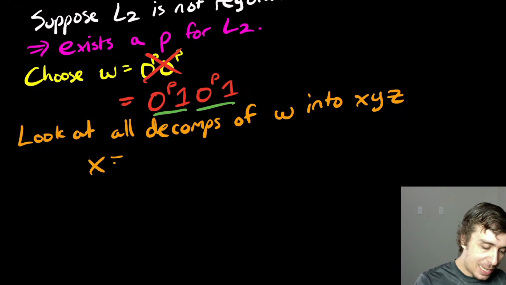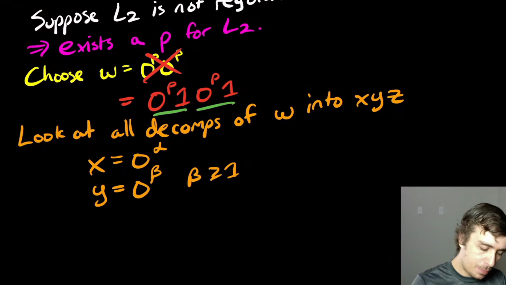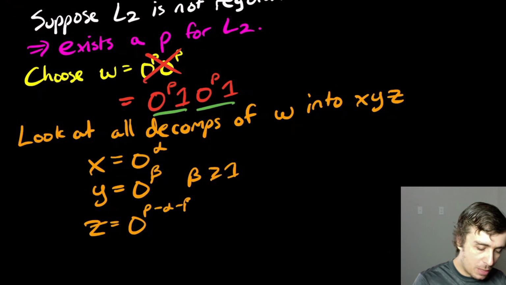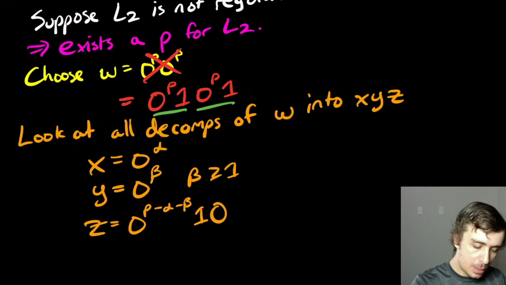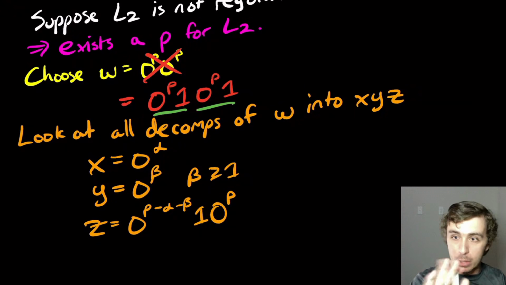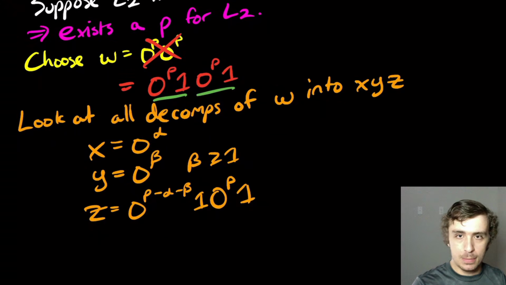So x has some number of zeros, let's call it alpha. y has some number of zeros, call it beta, and beta is at least 1. And z is the rest of that run of zeros, so p minus alpha minus beta, then the single one. Then 0 to the p, which we never touch, and then the final one at the end.